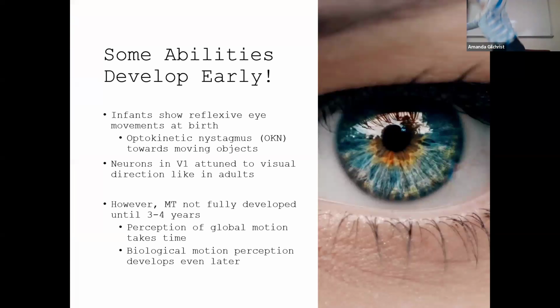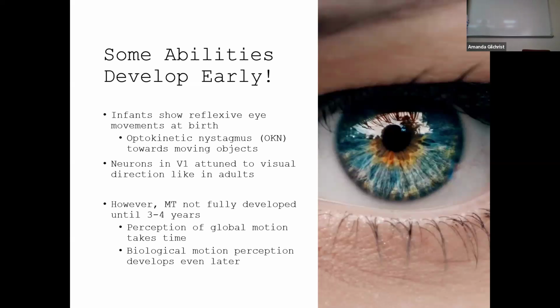We do know that some abilities do develop early. We know that infants do show some reflexive eye movements at birth. They develop what is called an optokinetic nystagmus, or an OKN. Basically, if you see an object moving in your field of view, your eyes are going to orient toward it. How many of you have seen that where an object moves and you can't help but look at it?